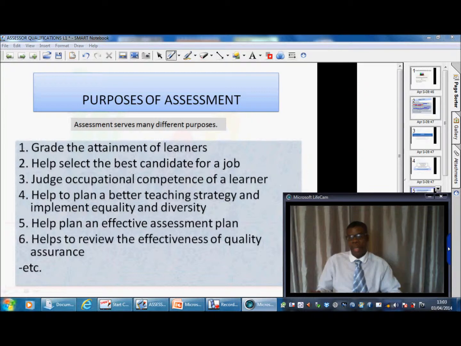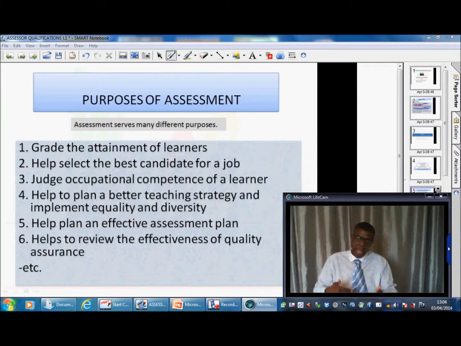Purpose of assessment. Another, which many of you on the course might be attuned to, is to judge occupational competence for a learner. Occupational competence simply means you look at a learner, for example, in their workplace, and the workplace has a certain process which every worker in that category follows.